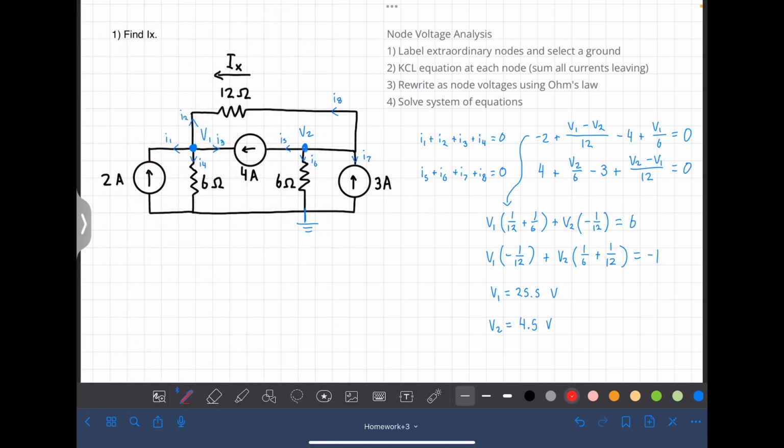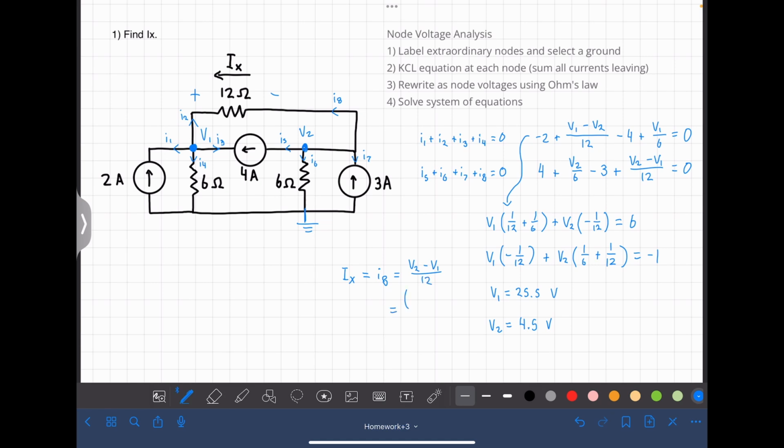So going back to our equation over here, we wanted to find Ix, and Ix is this I8 term. They're equivalent since they're going in the same direction. If you'll remember, we rewrote I8 over here is this term. So we're going to rewrite it again, V2 minus V1 over 12, except now we can plug in our values.